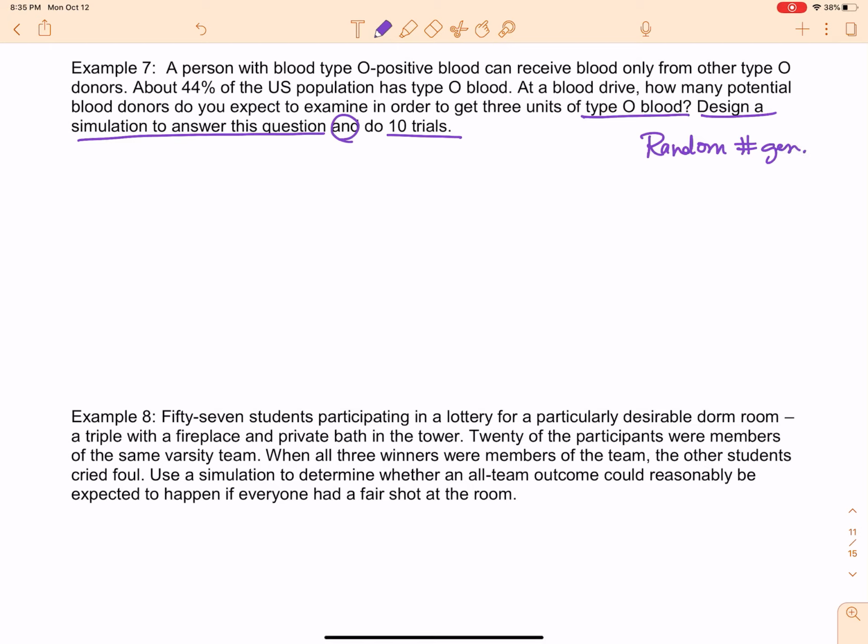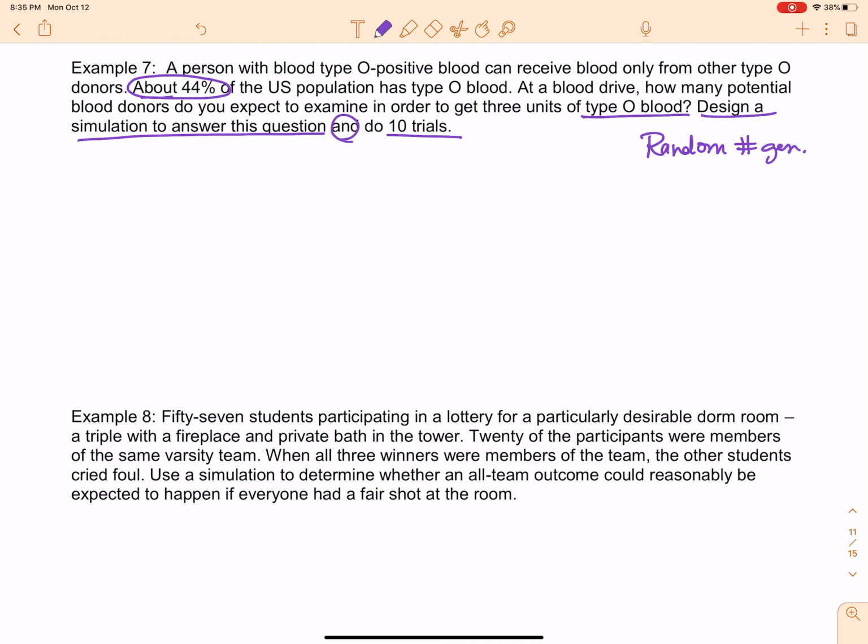All right, the next thing, be specific about what each outcome will represent. Notice that I've given you that 44% of the U.S. population has type O blood. That means that 56% of people don't have type O blood. I don't care what other type they have, they just don't have type O blood. So I need to let 44% of my numbers represent type O blood and 56% represent not type O blood.